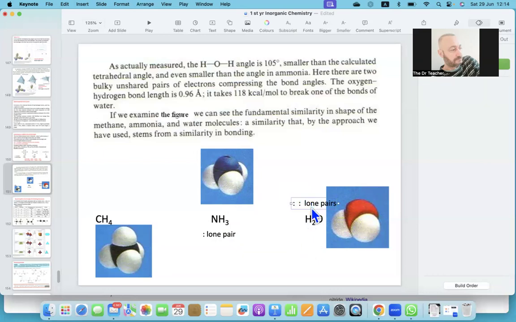Okay, so two lone pairs on the oxygen, and there is no lone pair on the methane.